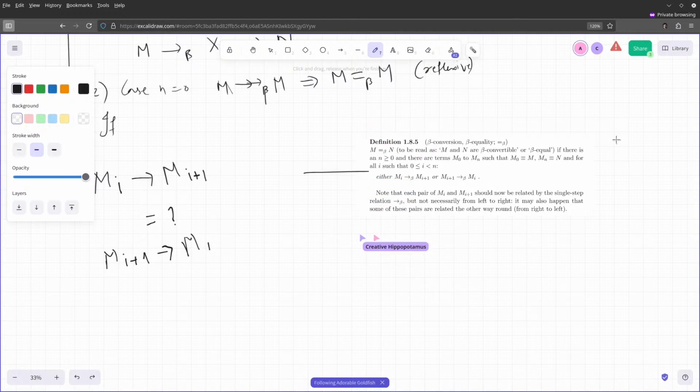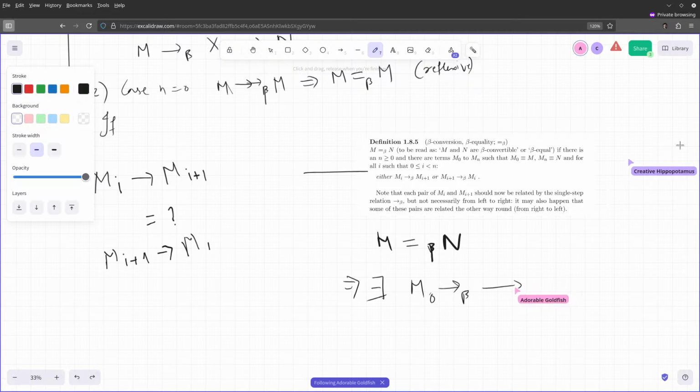So the destination must be equal, but what source you take or what paths you take doesn't matter, right? So if M is beta equal to N, wait, are you able to see my drawing? Yeah. If M is beta equal to N, then what does that mean? That implies that there exists a chain such that M0 can be beta reduced all the way to N. That's what it means.